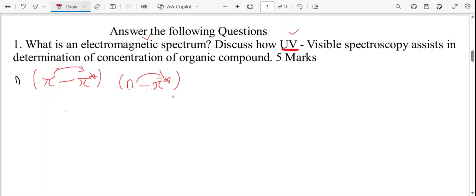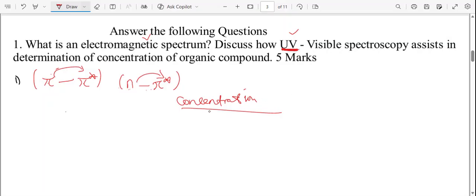Then how do you determine concentration? Concentration is determined using the Beer-Lambert equation.